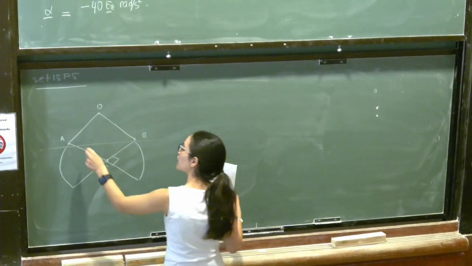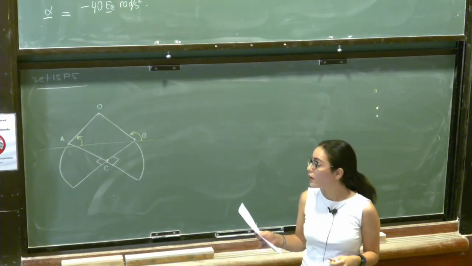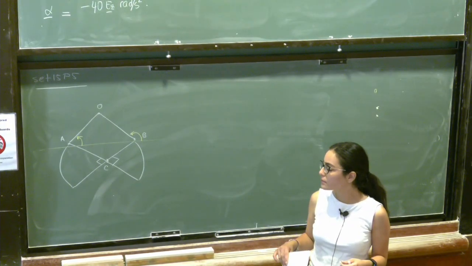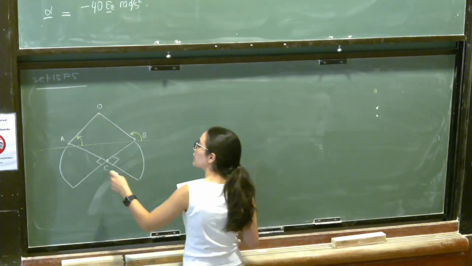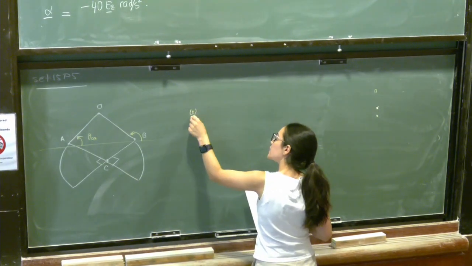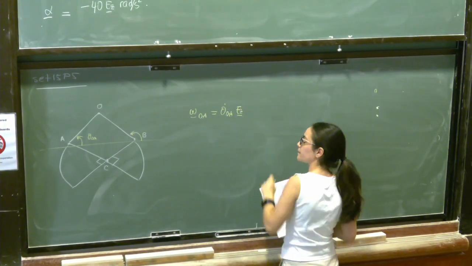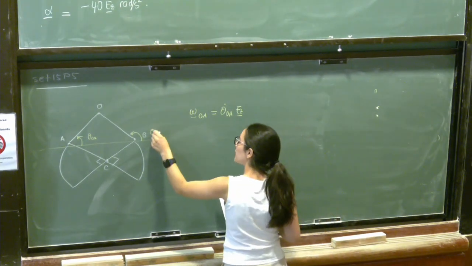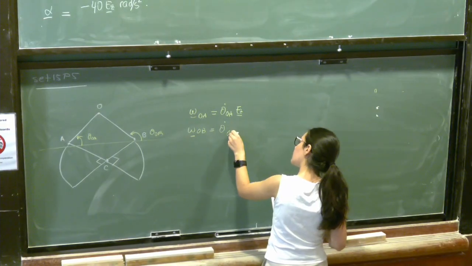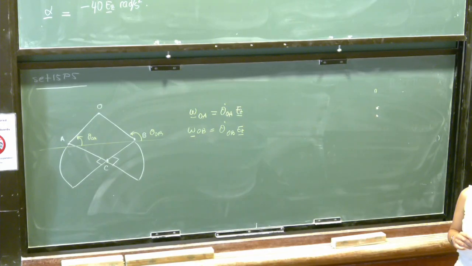I can think of this angle and this angle that OA and OB make with the same horizontal line. So if this angle, I call it theta OA, the angular velocity of bar OA is going to be theta dot OA. Easy. This angle, I'm going to call it theta OB. The angular velocity of bar OB is theta dot OB, easy. Can I relate theta OA and theta OB?